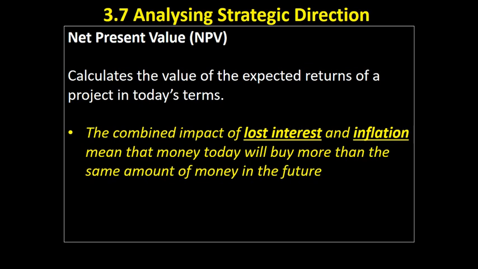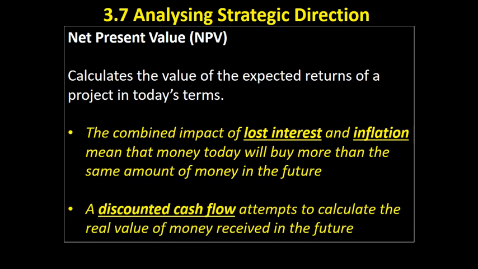So the combined impact of lost interest, the opportunity cost of making an investment, and the impact of inflation eroding the value of money, meaning I can't buy as much in the future, means that money today will buy more than the same amount of money in the future.